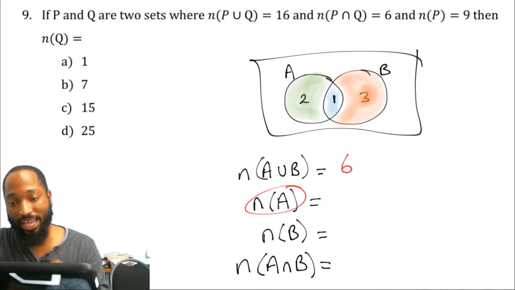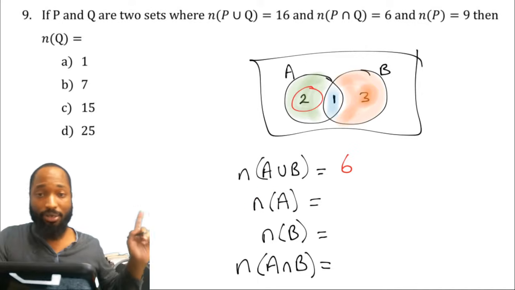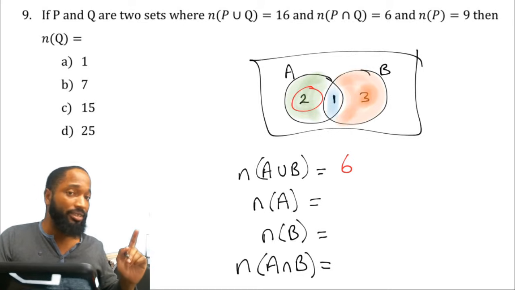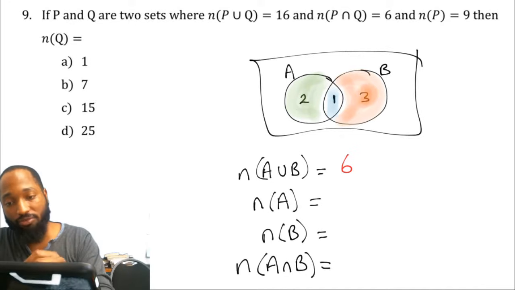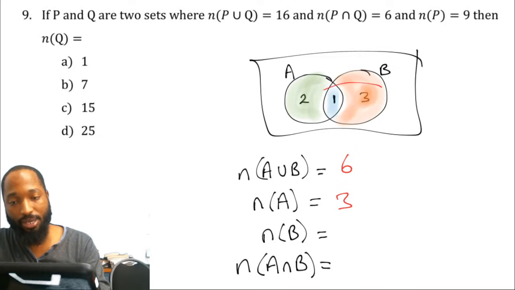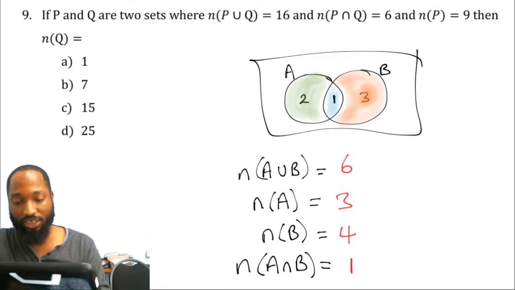In A, we have 2 plus 1, so we have 3 there. How much do we have in B? We have 4 in B. And how much do we have in the intersection? 1.